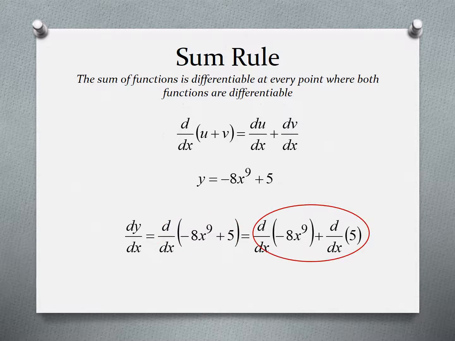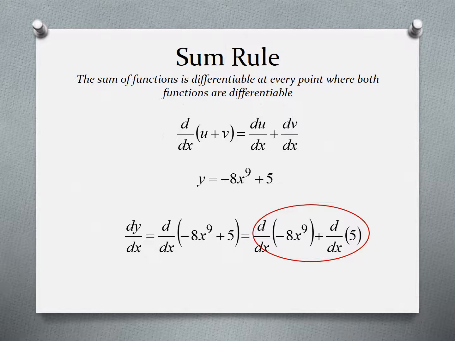And so the next piece, I'm just splitting them up and saying, okay, I'm going to differentiate these terms separately. The -8x to the ninth gets differentiated, and the 5 gets differentiated.